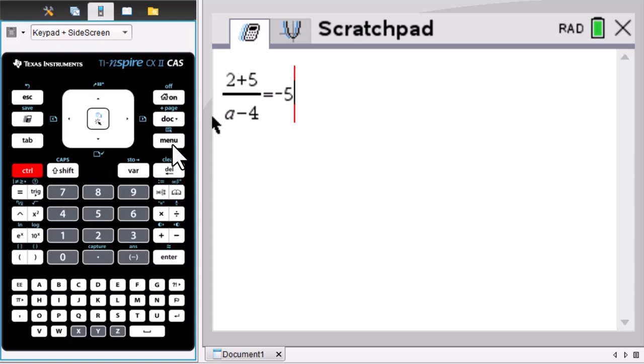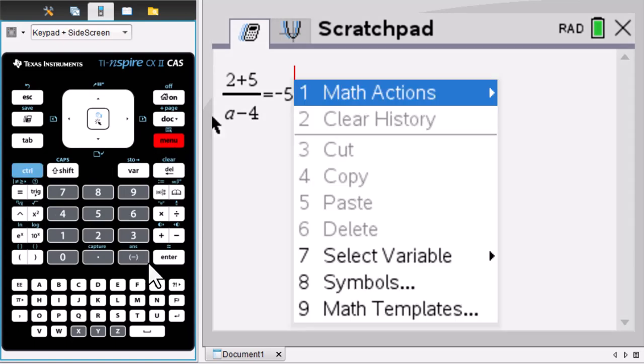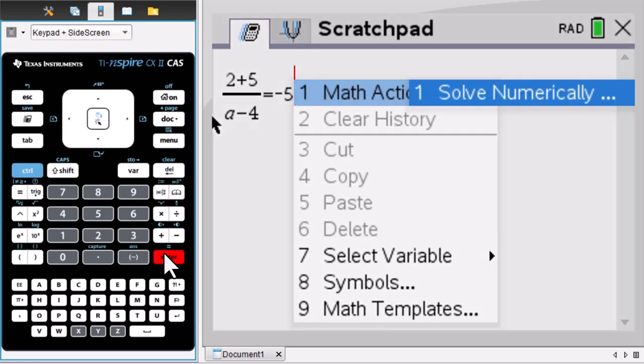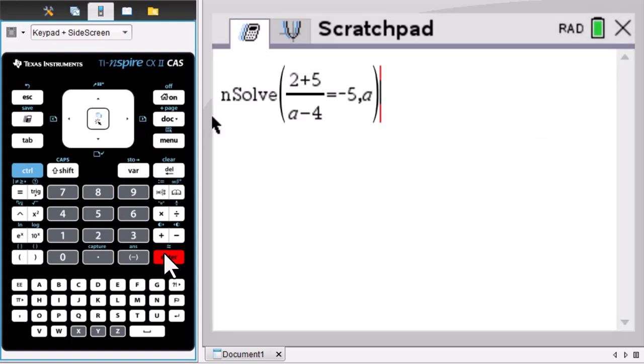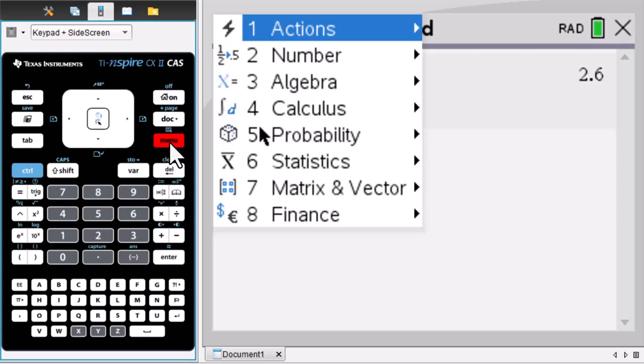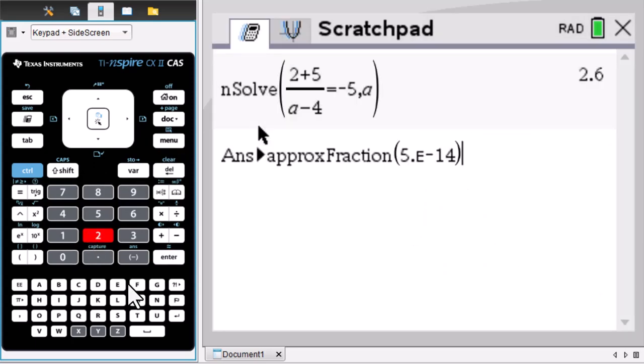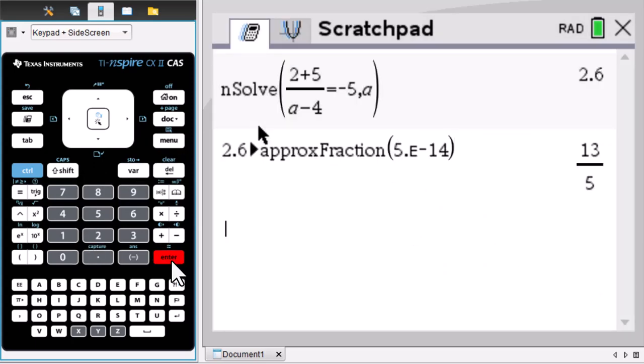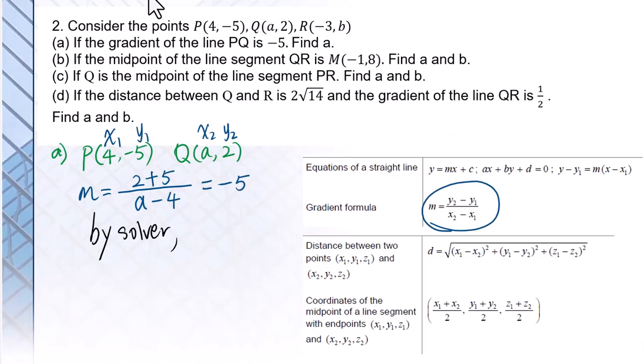Then control menu, math actions, enter, enter, enter. We got a equals 2.6. We can change this into a fraction if you want to. Menu 2 is a fraction: 13 over 5. By solver, a equals 13 over 5.